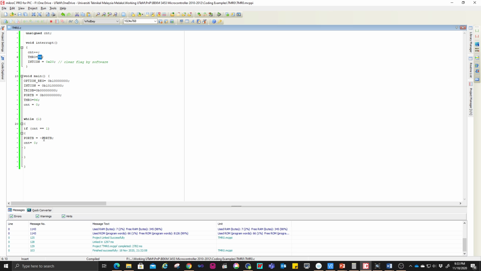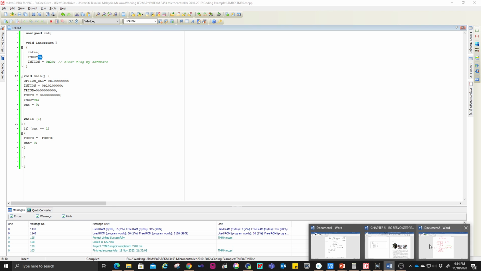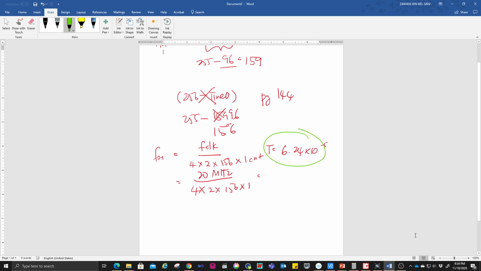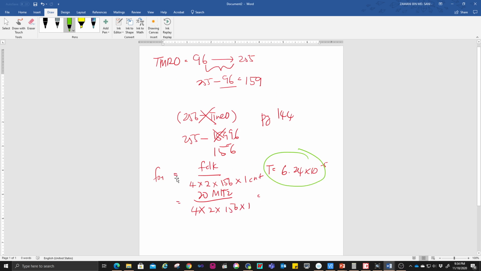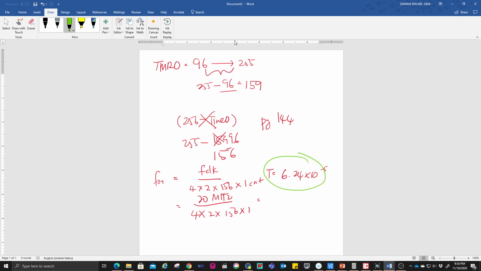But by using the interrupt, you can generate the values for controlling the servo motor, for example 1 millisecond. Remember 1.5 milliseconds and 2.0 milliseconds.